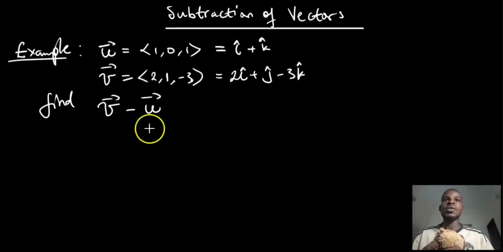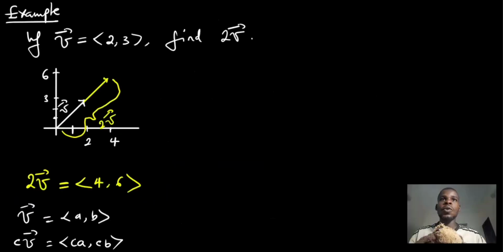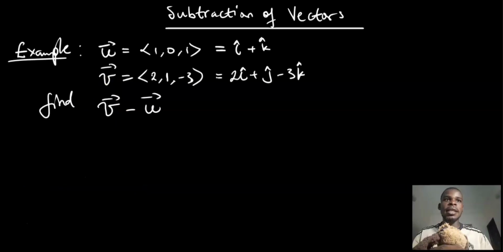We also discovered that when we multiply a vector by a scalar, all we have to do is multiply every entry of that vector by that scalar. So first of all, since we are given vector u, I'm going to consider negative u, and then split this difference up.